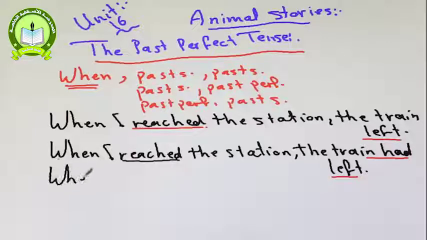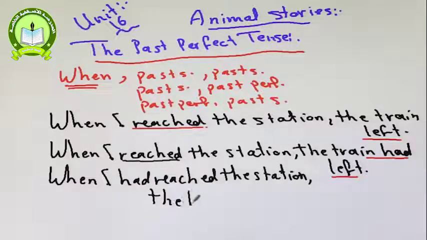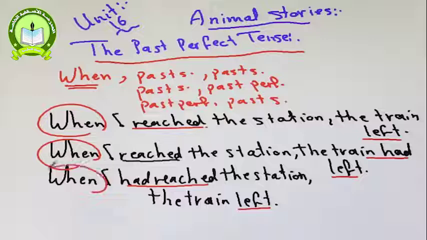When I had reached the station, the train left. The third sentence, had reached after when and left, the second one. All of them are connected by when.